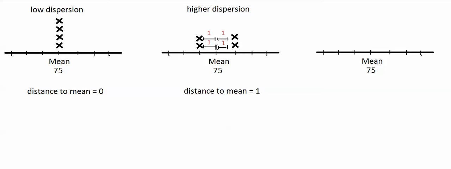So all 4 people are 1 away from the mean. Each person in the class has an exam score and an absolute deviation that shows how far the person is from the mean. So each person's absolute deviation is 1.